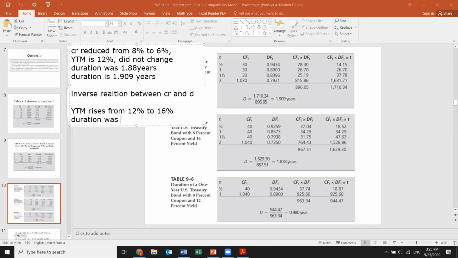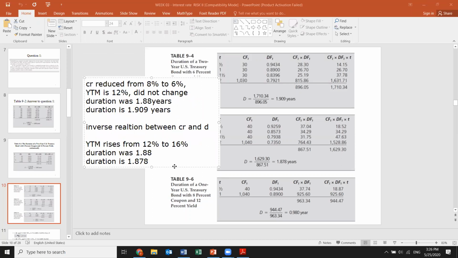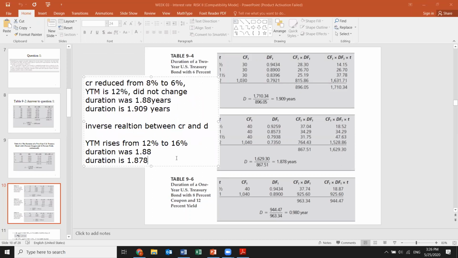So duration was 1.88. Now duration is 1.78 years.